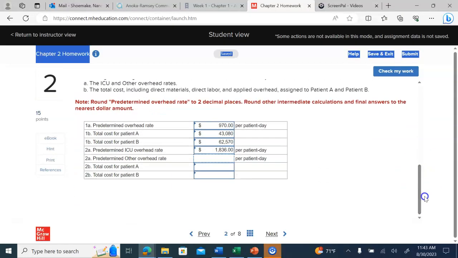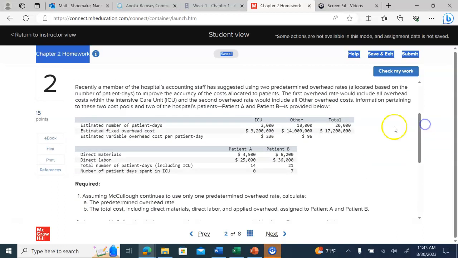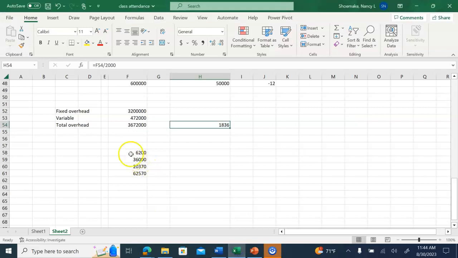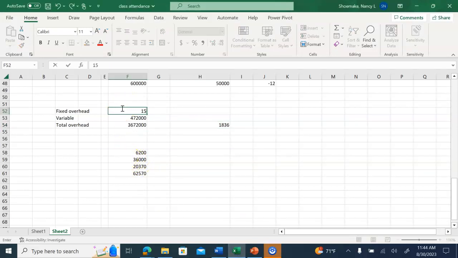Then they want us to do the other overhead rate. That's going to be the 14 million, and then the variable's 18,000 times 96. 14 million, and what was I saying? 18,000 times 96.